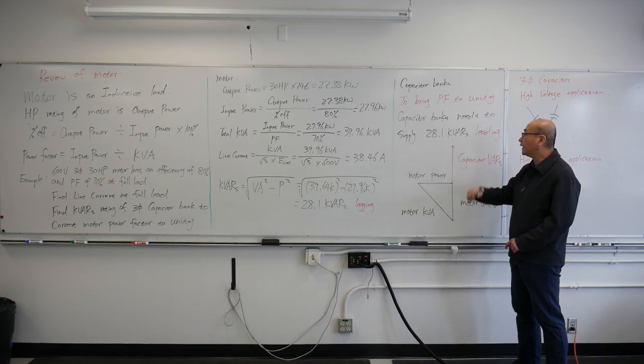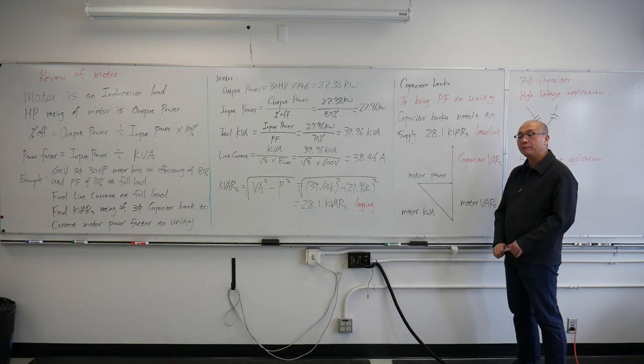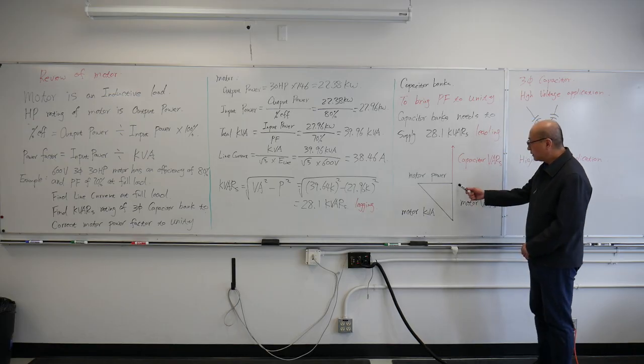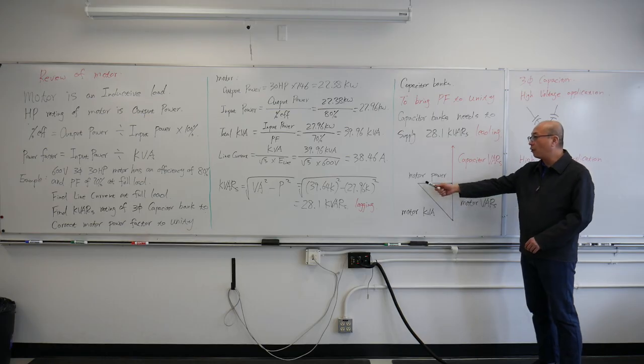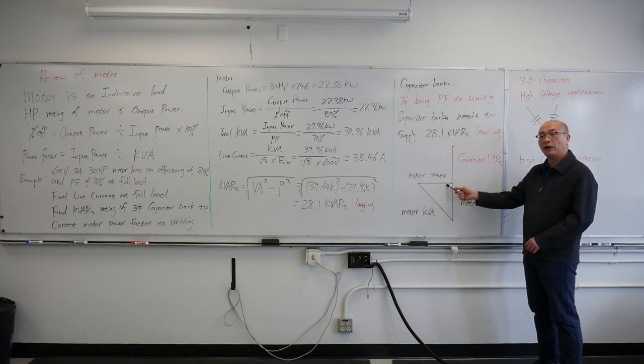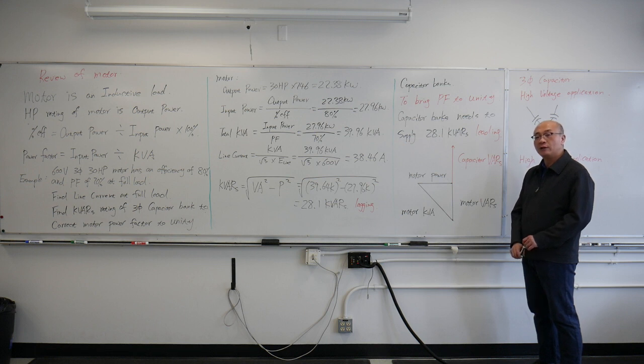We supply 28.1 kVAR leading with the capacitor bank. When the lagging VARs equal the leading VARs, they cancel each other out because they are in opposite directions. Now we only have the true power for the motor. That's when the power factor is 100%, or unity power factor.